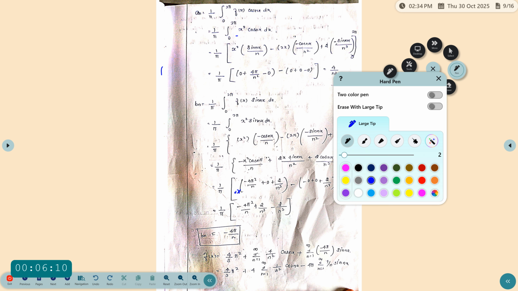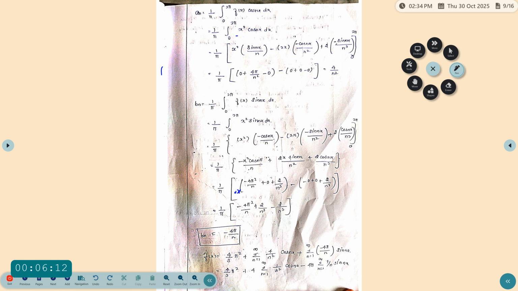Next, bn formula is 1 by pi integral 0 to 2 pi f of x sin nx in the interval 0 to 2 pi. Similarly, we can apply x square sin nx dx. Here also we can apply the Bernoulli expansion. U terms are same as the previous one.